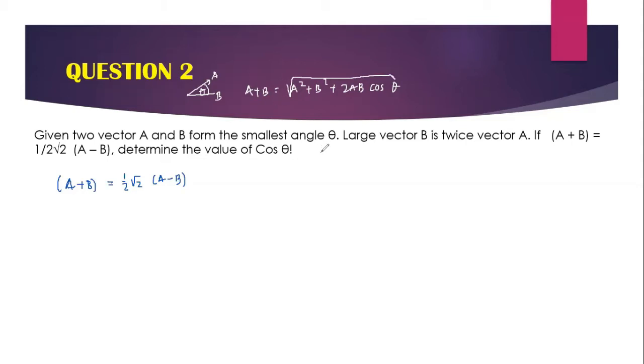Okay, next. So A plus B equals a half root of 2A minus B. So this one we can expand: A squared plus B squared, plus 2 times A times B cosine theta.